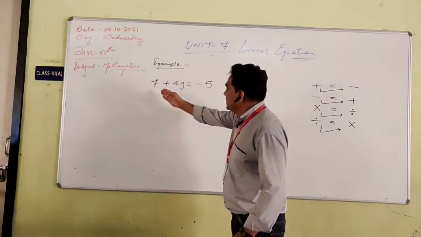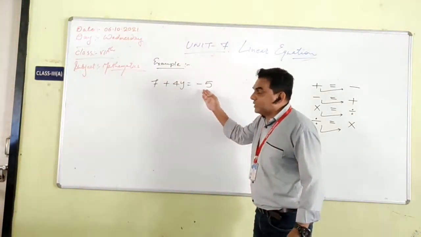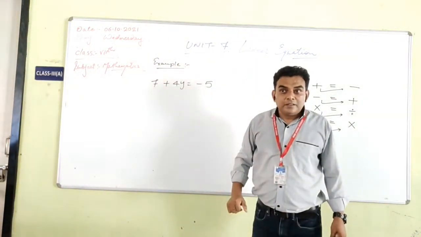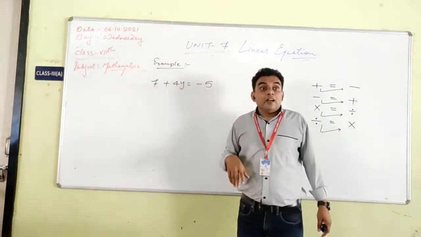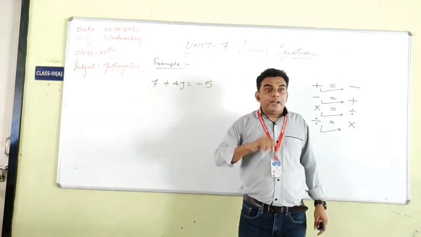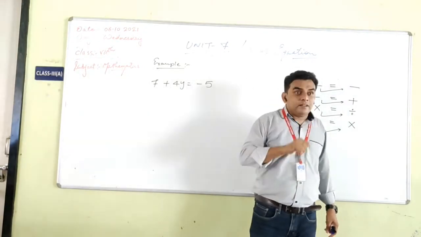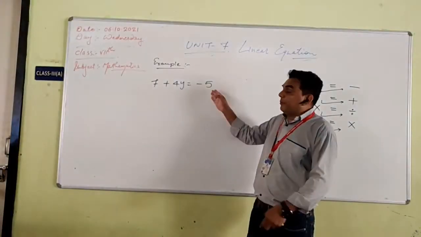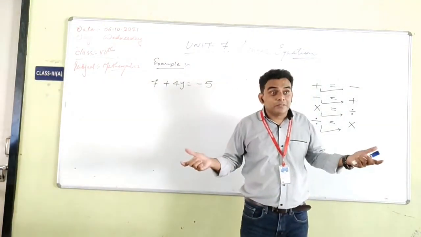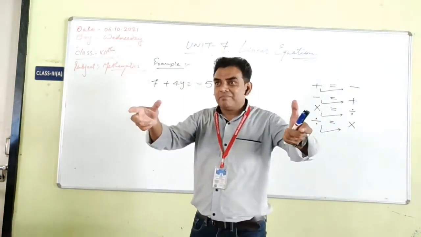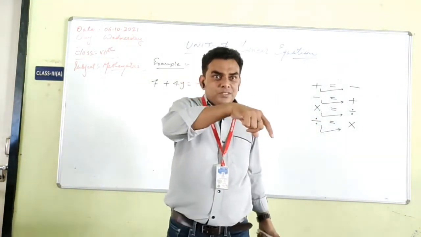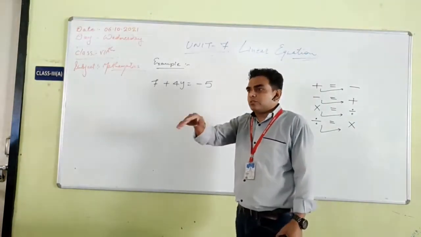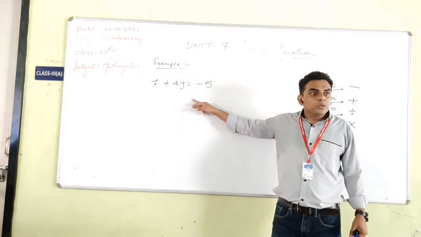Suppose you can say 7 plus 4y is equal to minus 5. You can say that 4 times y, when added to 7, we will have minus 5. This is the statement. But you can get confused at that time. So that's why I am going to directly start 7.2.